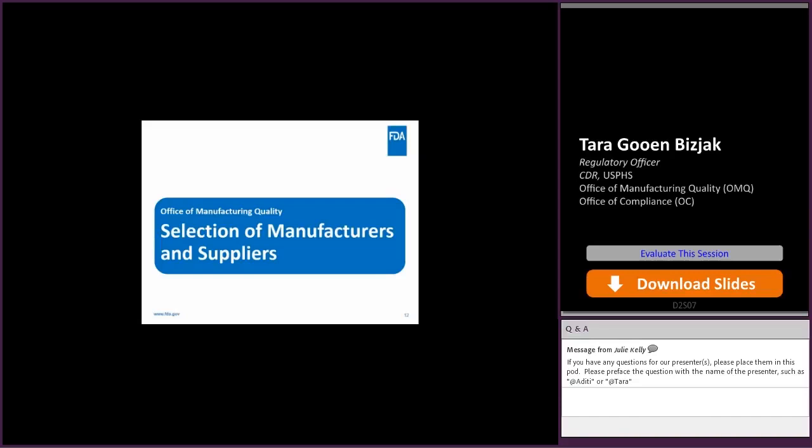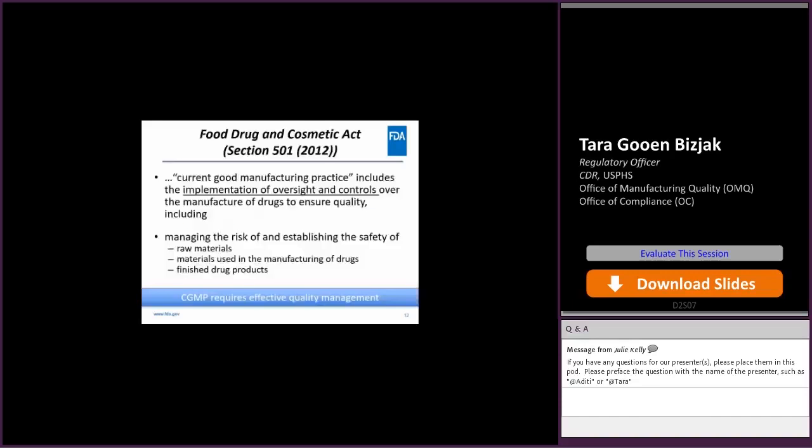The life cycle maintenance is still incredibly important, and I don't want to downplay that at all. But that initial selection is going to save you a lot of headaches down the road if you select someone that does not mesh well with your company.